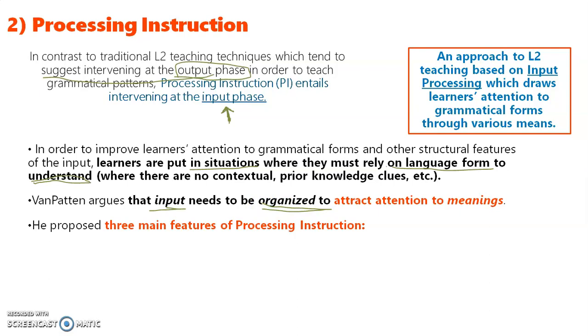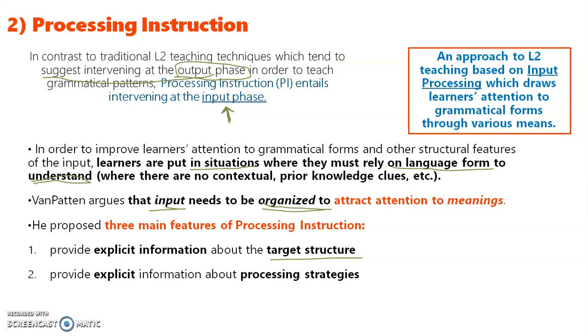And he proposed 3 main features. How does it happen? First, the teacher would provide explicit information about the structure, whether it's grammar, something related to phonetics, whatever. Second, provide explicit information about the processing strategies. What do you mean by processing strategies? It is when the teacher is leading the learners on how to think about the rule or the grammar form and how to make meaning out of it.